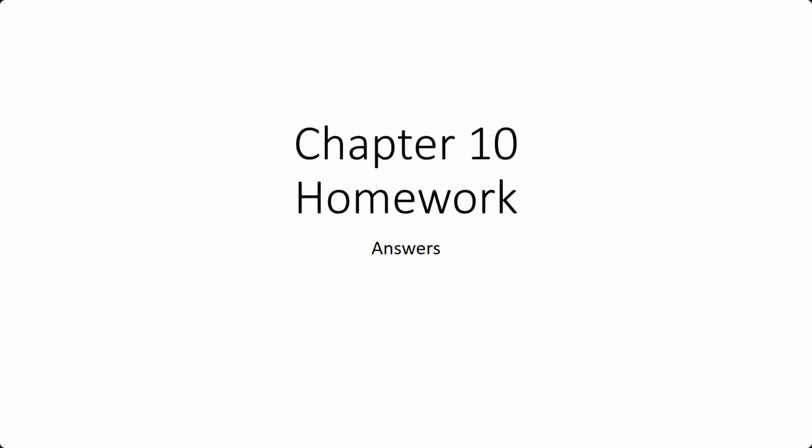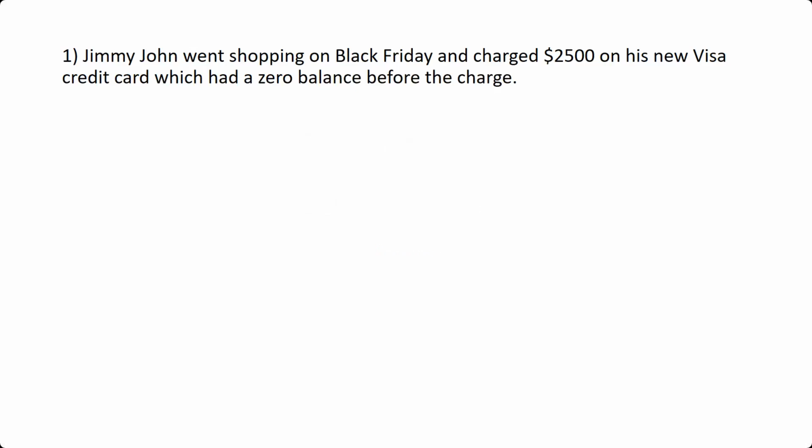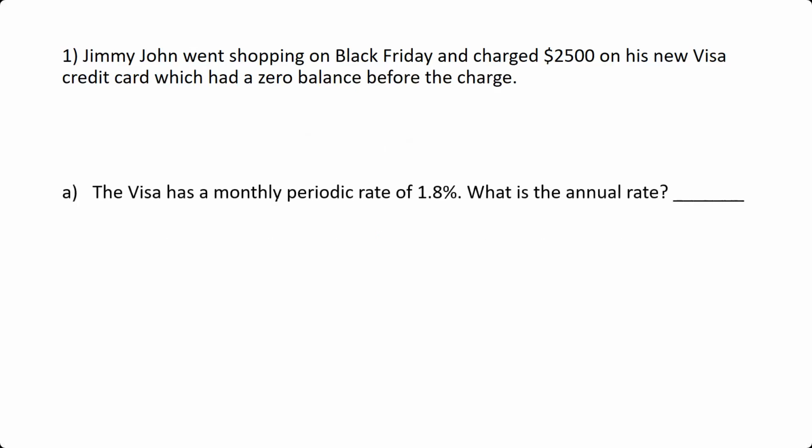Okay, chapter 10, homework. Jimmy John went shopping on Black Friday and charged $2,500 on his new Visa credit card, which had a zero balance before the charge. The Visa has a monthly periodic rate of 1.8%.